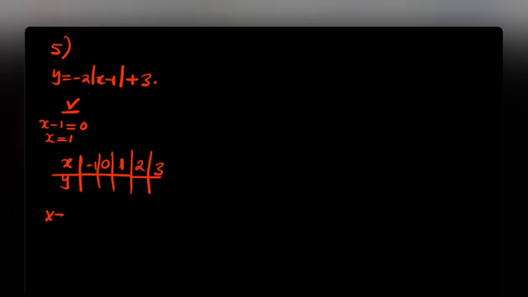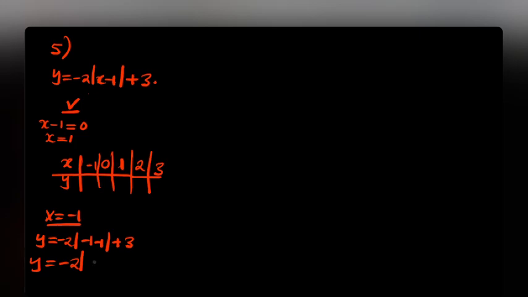So for x equal to negative 1, what will be the value of y? Okay, so we'll have y equal to negative 2, then the modulus, where there's x, we need to put negative 1, so minus 1, then plus 3.